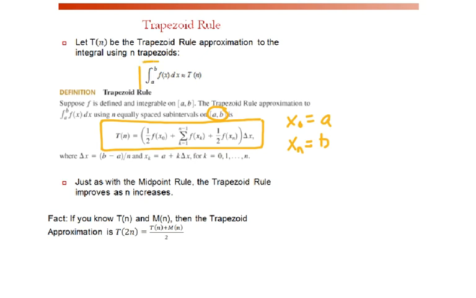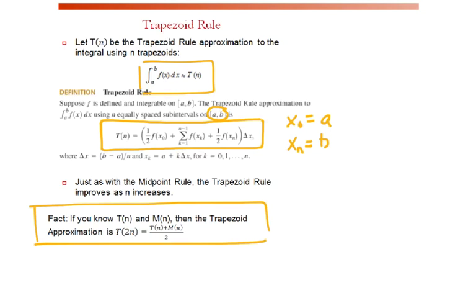So here is the trapezoid rule. If you are working these methods by hand, it's helpful to have a shortcut rule, and that's really addressed here at the end of this slide. If you know the trapezoid rule for n and the midpoint rule for n, then you can find the approximation for the trapezoid of 2 times n.